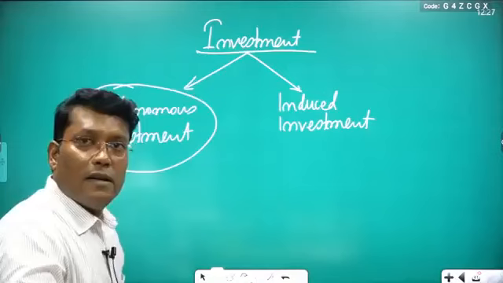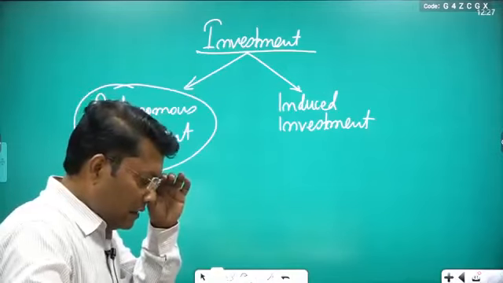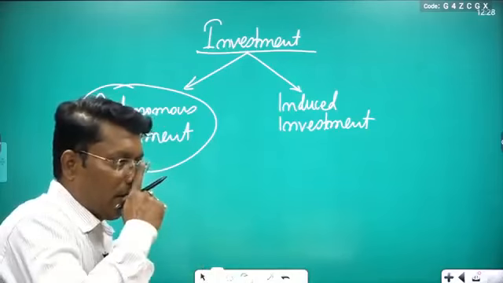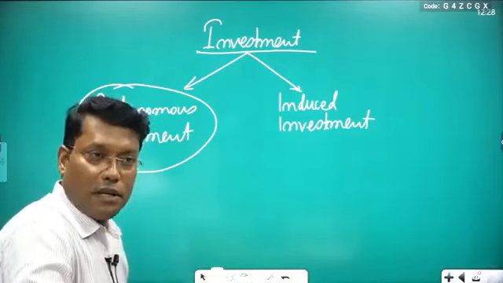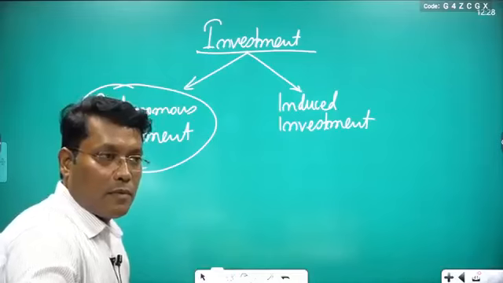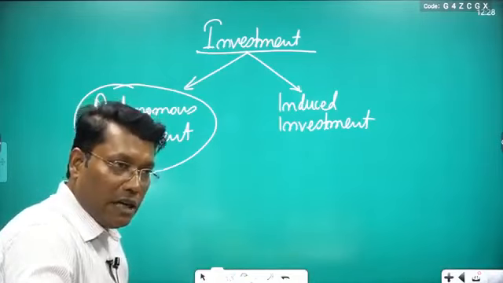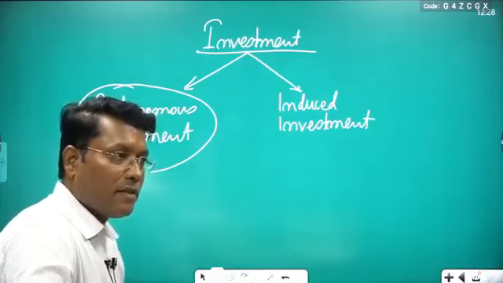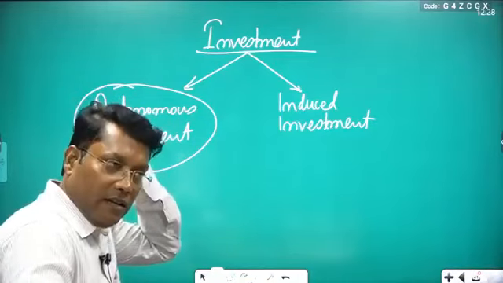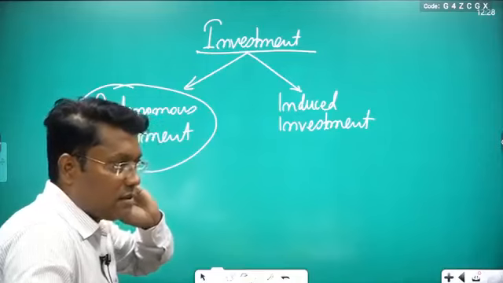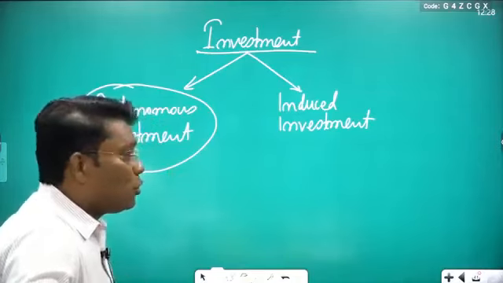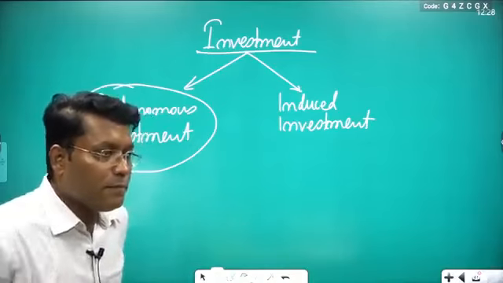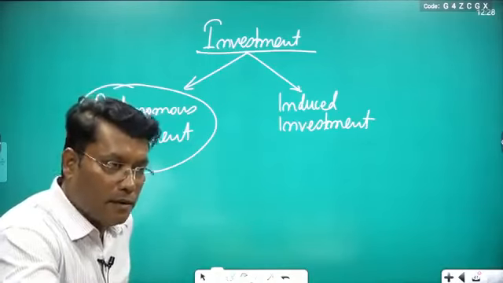Investment that does not depend on rate of interest, level of income, etc., then it is known as autonomous investment. I will explain to you later why I am telling you about the rate of interest and this one.